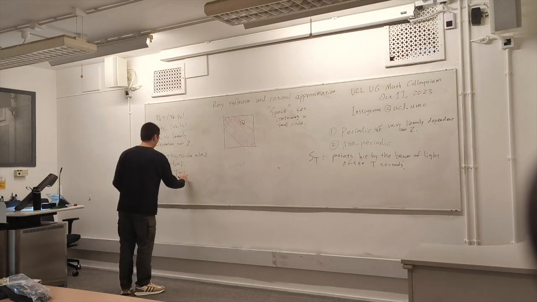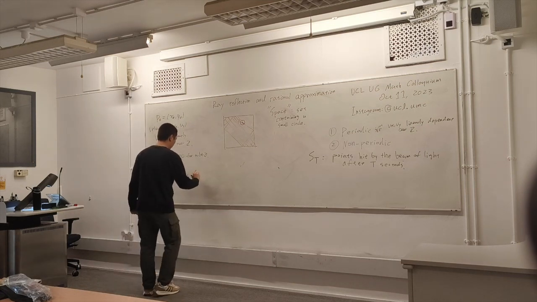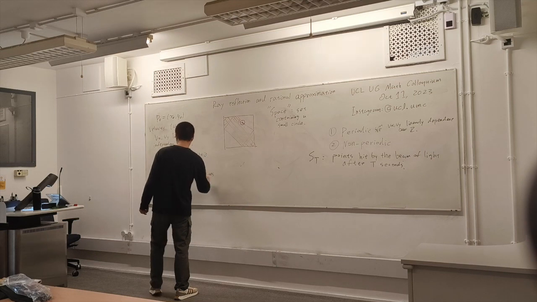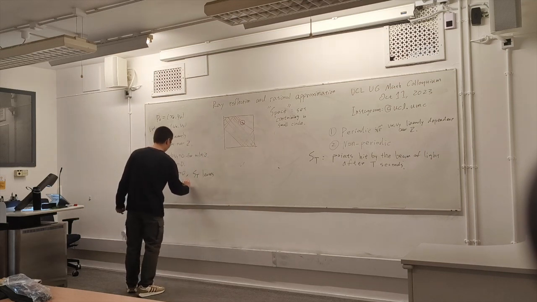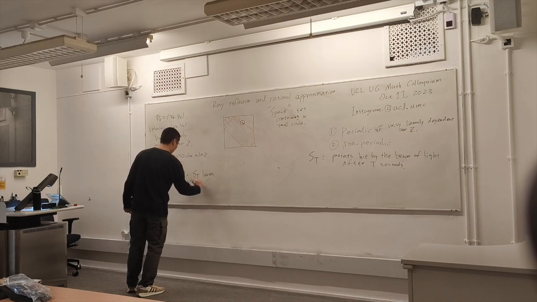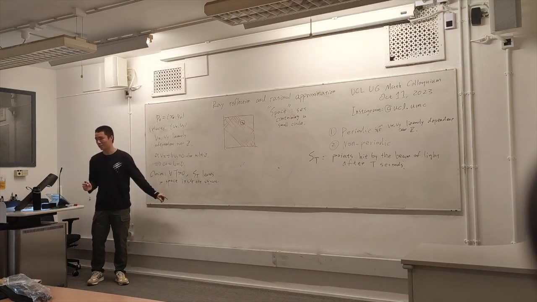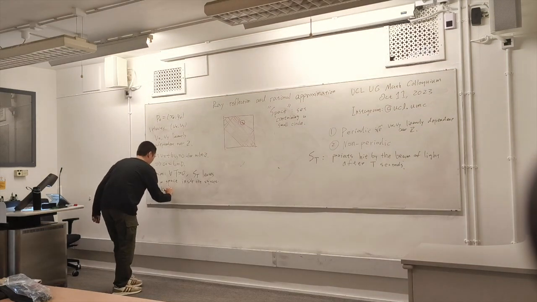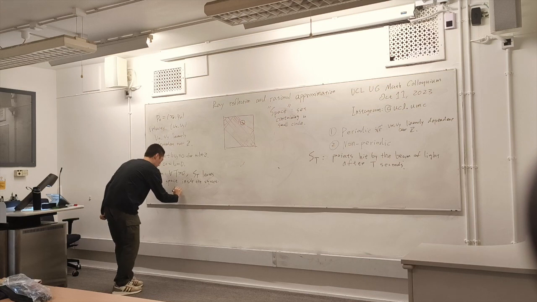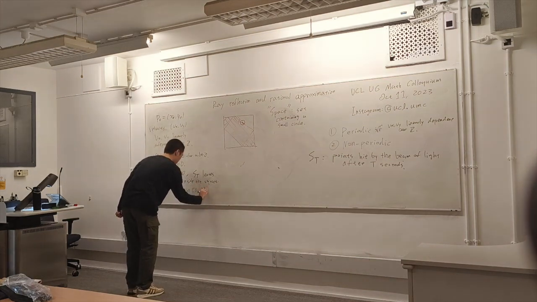For any finite number T, the set S_T leaves no space inside the square. And if you're familiar with analysis, this is equivalent to saying it is dense in the unit Cartesian square.